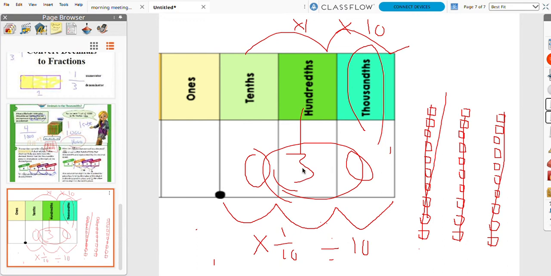We know that 3 hundredths divided by 10 would give me, if I took these 3 hundredths and I divided them each into 10, 30 thousandths.